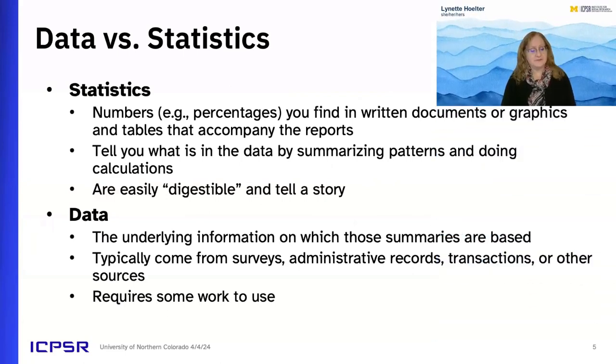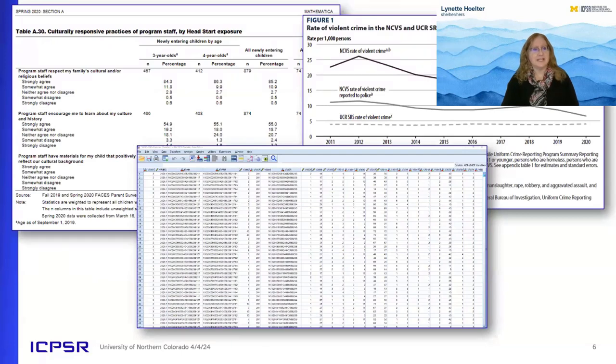Sometimes there's a little bit of confusion about what we mean by data. I often talk to students who come asking for data and find out what they really want is some sort of statistic, like a summary. And I think this is easier to see visually. So if you're looking just for a table or a graphic, something like that, that's statistics. What we have at ICPSR is the underlying data.